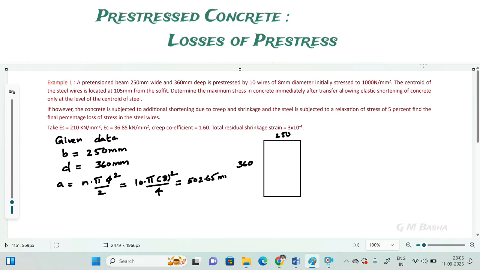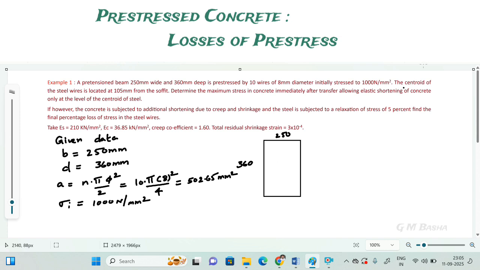Area will be in terms of mm square. Here, what is given? Initially stressed to 1000 Newton per mm square. I will denote that stress with sigma and initial as sigma i. So according to your convenience, take down 1000 Newton per mm square.